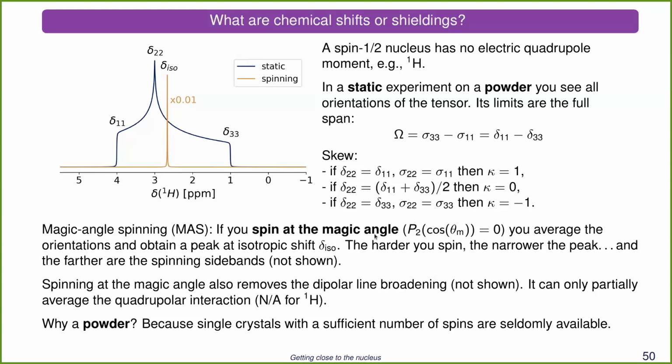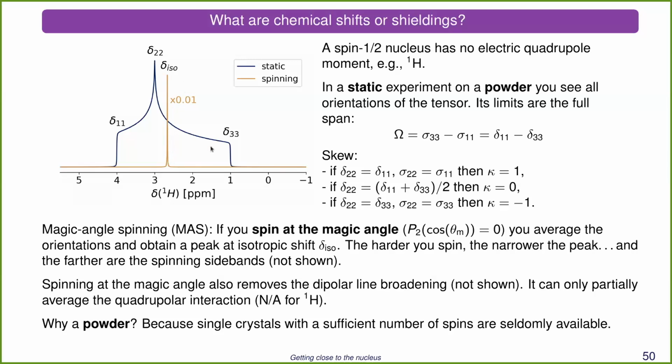Okay, if you now spin the sample, so you have a rotor in the NMR magnet, you put it at a certain angle to the magnetic field in this way, and then you have it fixed at that angle, and then you start spinning it around the axis, which has this orientation. And then you start averaging all the orientations, and you start to see the isotropic shielding emerging in the spectrum.